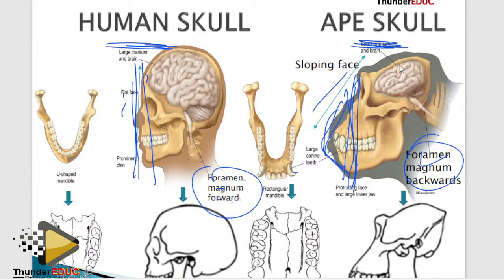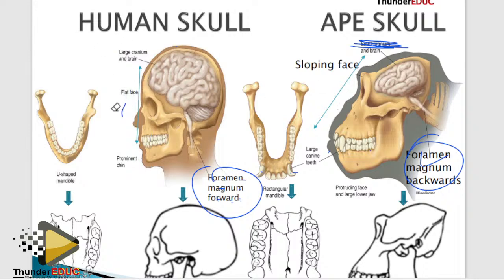Check this black color; it shows you exactly what happens. You'll see that it protrudes out. And then what is this? This is called the brow ridge. The brow ridge is pronounced here, while here the brow ridge is not pronounced.